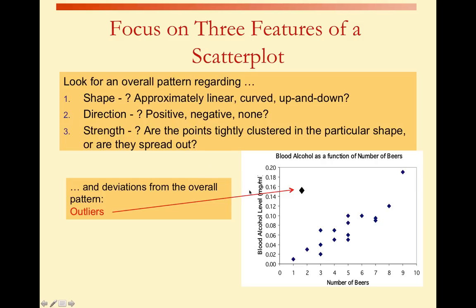We also want to look at the direction. Regardless of whether it is linear or not, does it tend to be positive, negative, or we really can't tell? So in this case we have a positive relationship, meaning that as the number of beers increases, the value of blood level also increases. So we call that a positive relationship. If it turned out that, and it would be very unlikely, that with the number of beers you drank, the blood alcohol level went down, that would be a negative relationship.